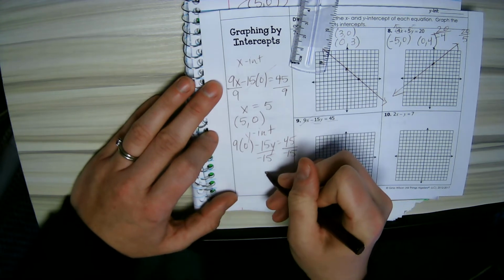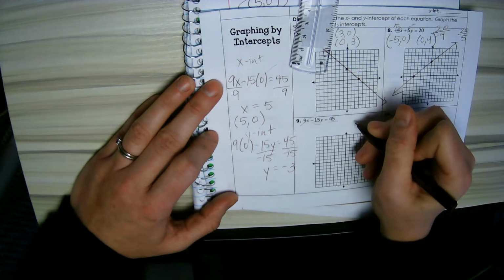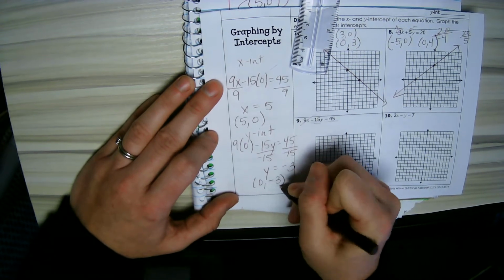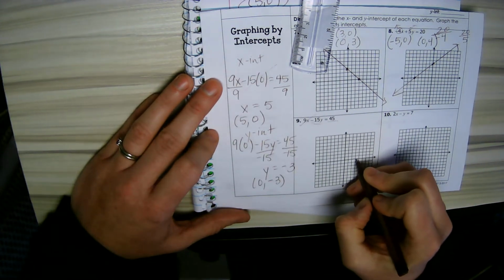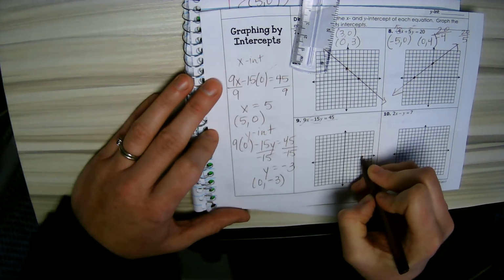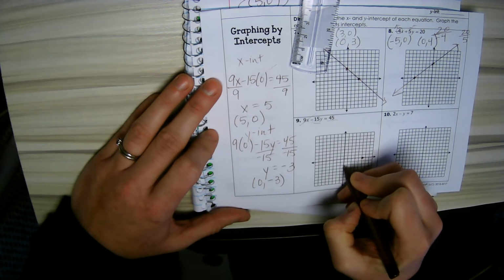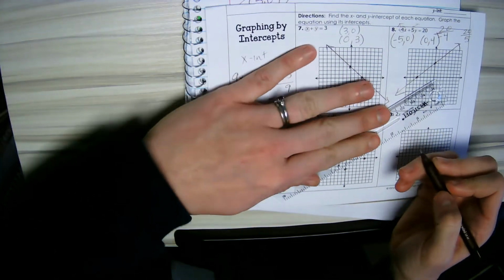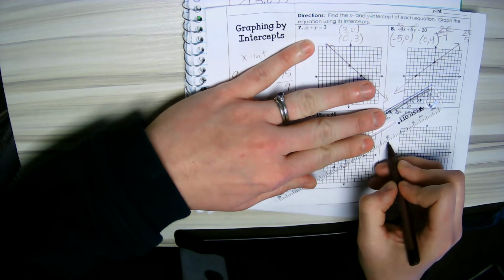So y equals negative 3. So (0, -3). So I would plot my points, (5, 0), and then (0, -3). And then any 2 points I can use to make a line.